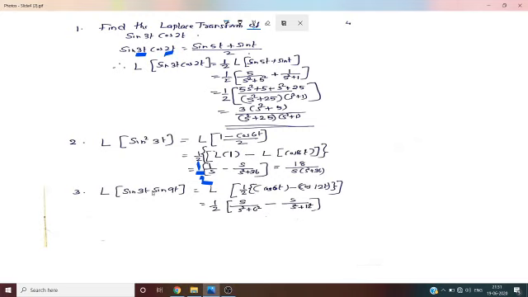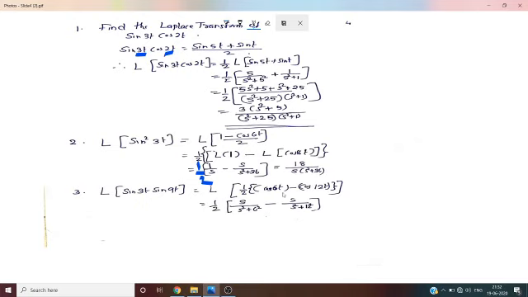What is cos(a-b)? Cos of 3t minus 9t, that is cos of minus 6t. Now cos of minus theta is cos theta, therefore we can write 1 by 2 into cos 6t minus cos(a+b), cos of 3t plus 9t, that is cos 12t.